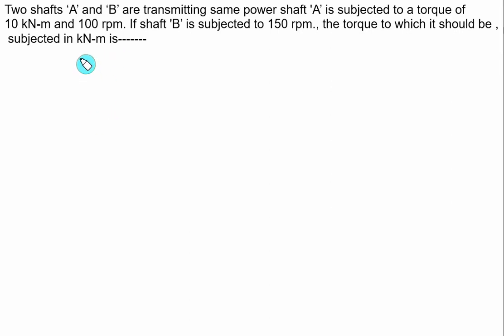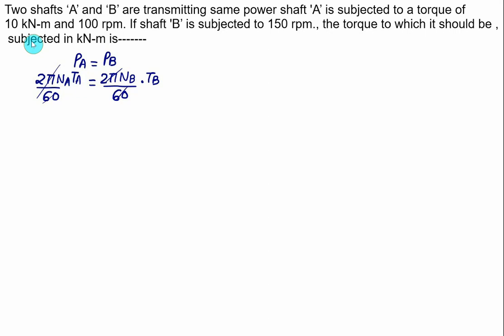This time the power transmitted by A is equal to the power transmitted by B. Power is simply given as 2 pi N multiplied by torque. So 2 pi N_A divided by 60 multiplied by torque of A is the same as 2 pi N_B divided by 60 multiplied by torque of B. So 2 pi and 60 cancel out.